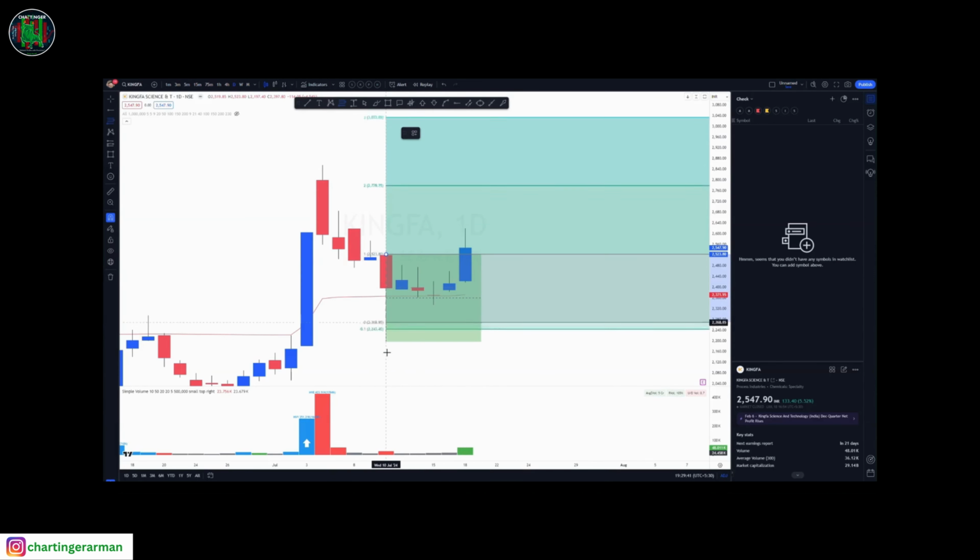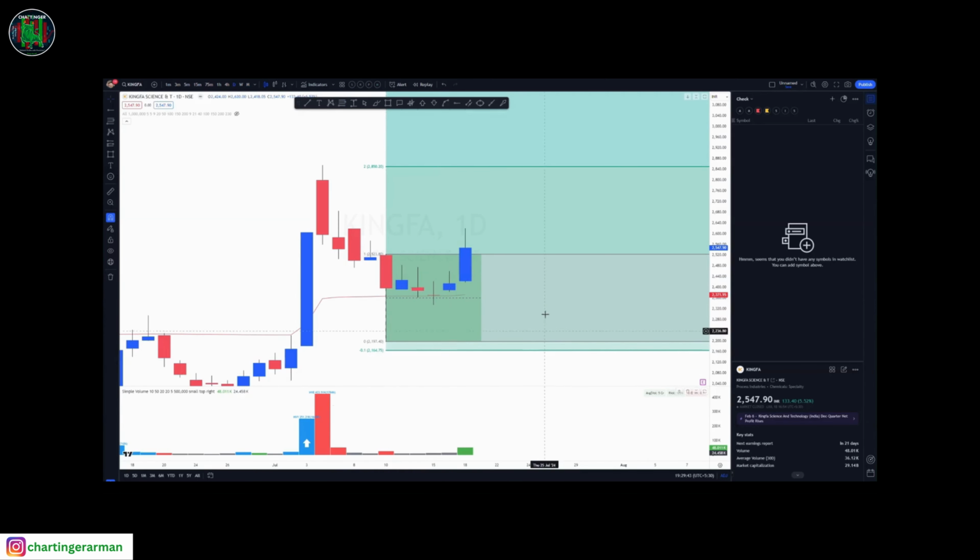I've drawn this. See, I can buy over here with a stop loss of 216. So this is a traditional method. But then if you want to save the stop loss, if you want to go with a smaller stop loss, look at the previous swing. This is the swing, or you can say pivot. Just below this could be your stop loss.